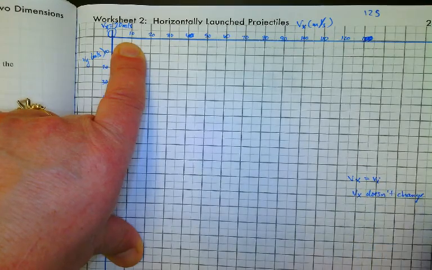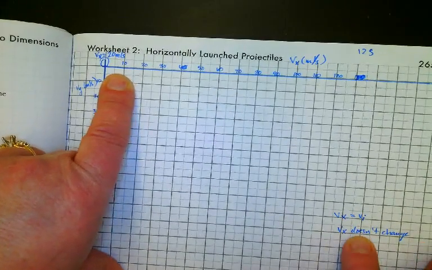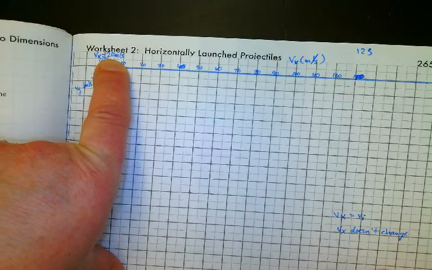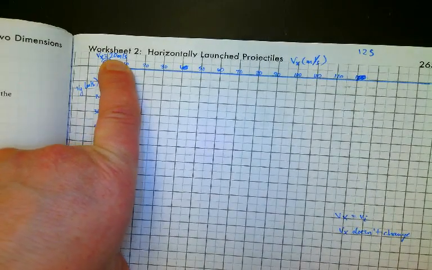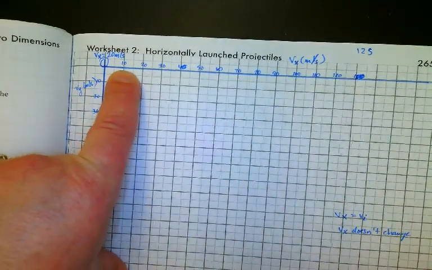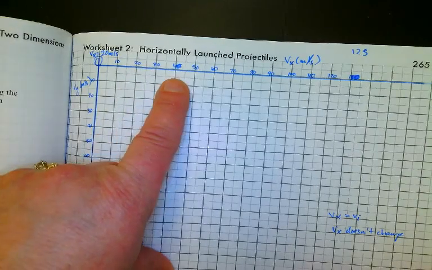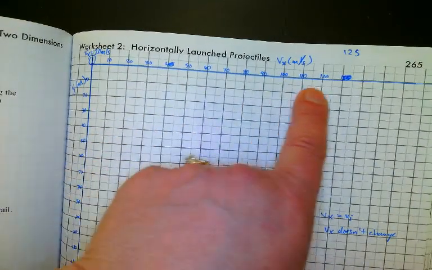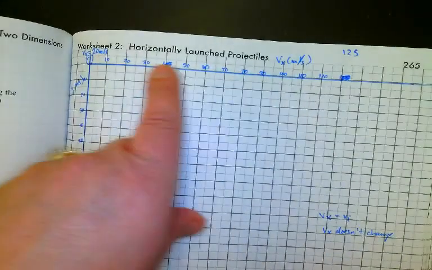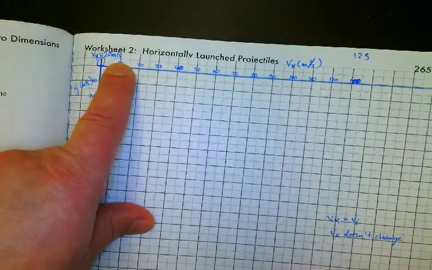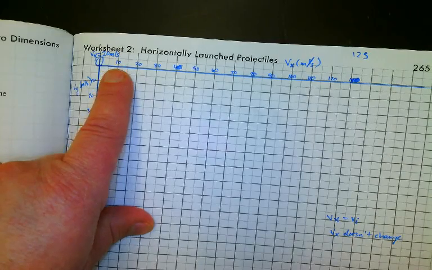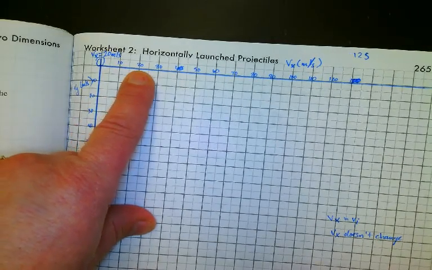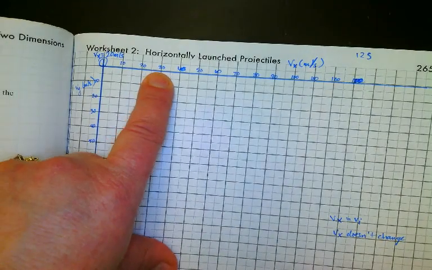With that rule, if the initial velocity of the cannonball is 20 here, what would the velocity be every second? It's going 20 meters per second, so what would it be at 10 seconds, at 20, at 30, and so on?